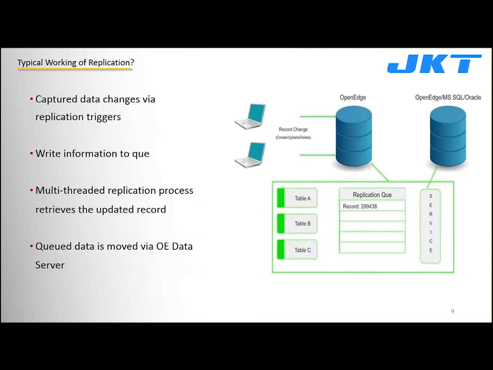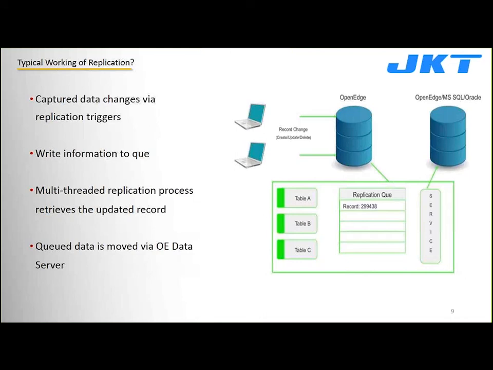At the time of data capture in the database, a unique replication queue is maintained to record all the CRUD operations, like when you're creating, updating, deleting, modifying, any operation you are doing, it is stored in this replication queue and will be used for the replication process.